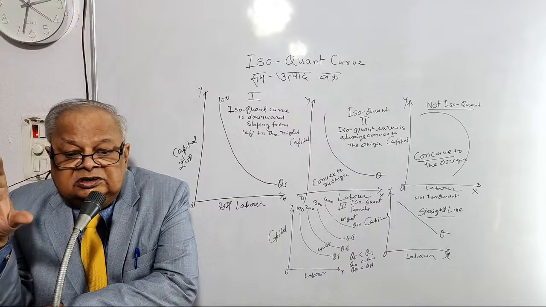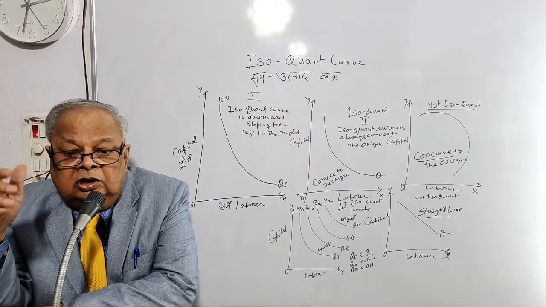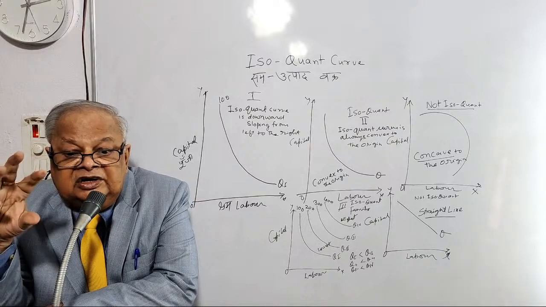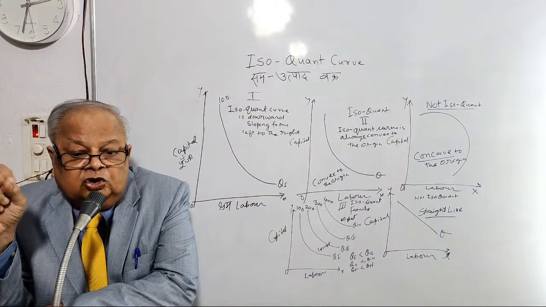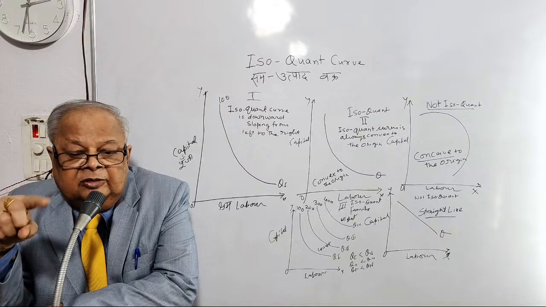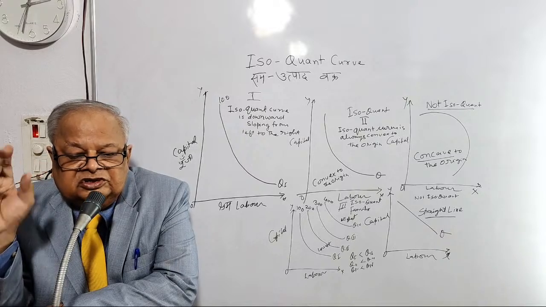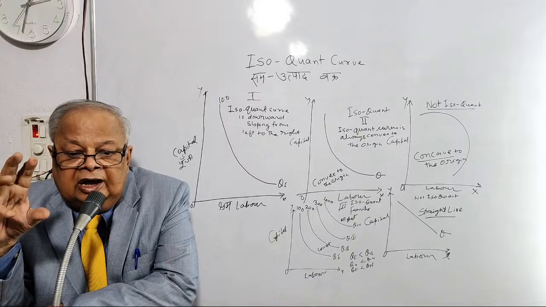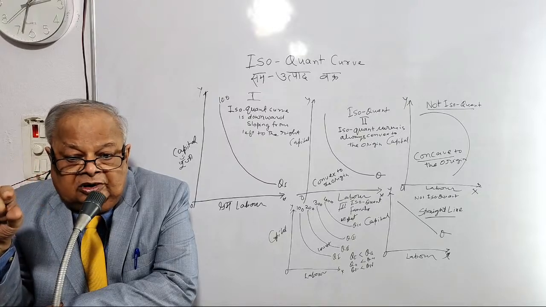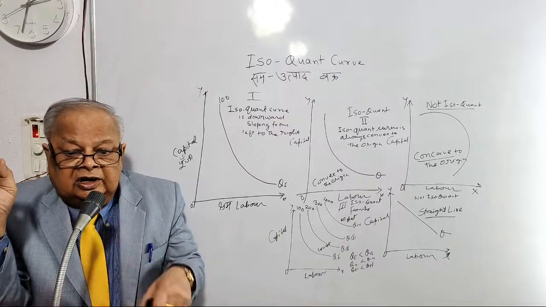What is the budget? The budget will be reflected through wage rate and interest rate, because we have taken two factors. Labor will charge wage and capital will charge interest. So you will have to find out the price of labor and price of capital.